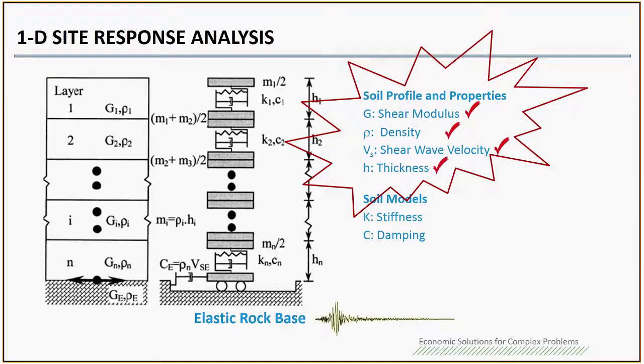In the next class, which will be the final class of this series, we'll talk about the soil model used for site response analysis and how to deal with the results of the site response analysis to meet the additional code requirements.